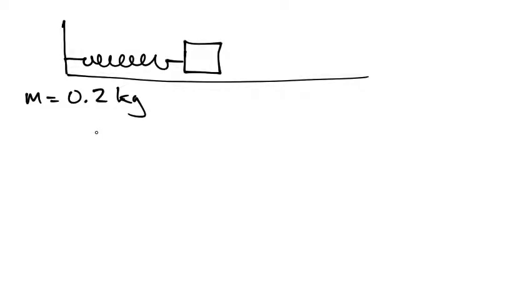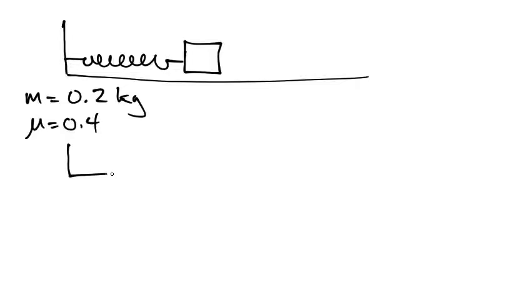It also says that the block can slide along the table where the coefficient of friction is 0.4. So mu is 0.4. A force of 20 newtons compresses the spring 18 centimeters.